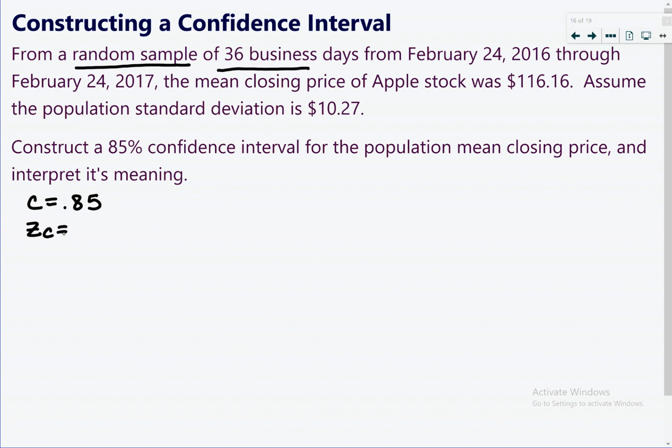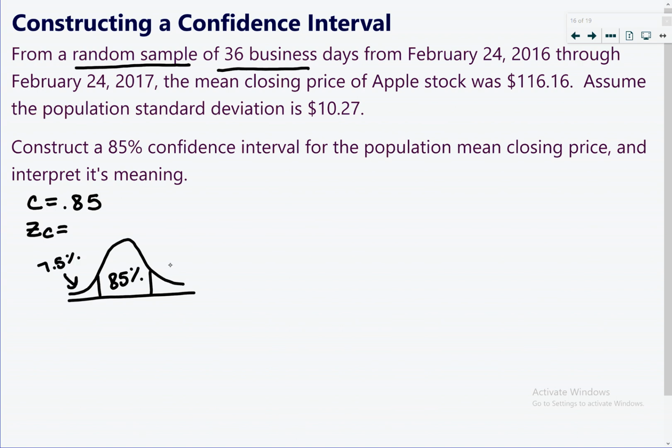So here's how we're going to get it. We're going to draw that normal curve. 85% of the data is between two values within a margin of error away from my sample mean. So what percent is going to be in each tail? 7.5.